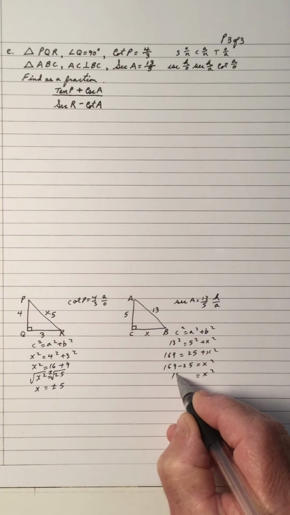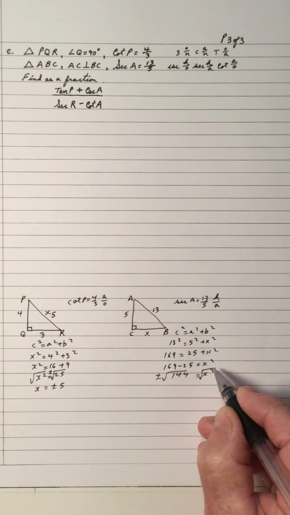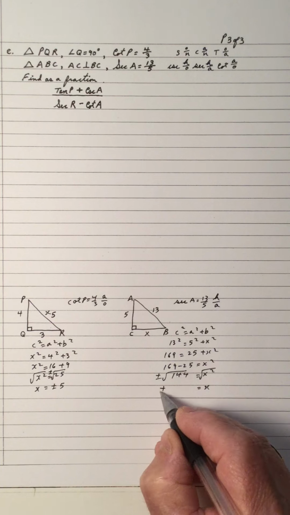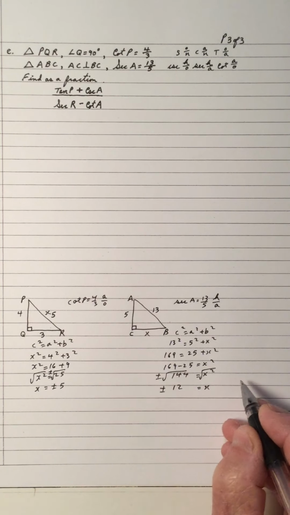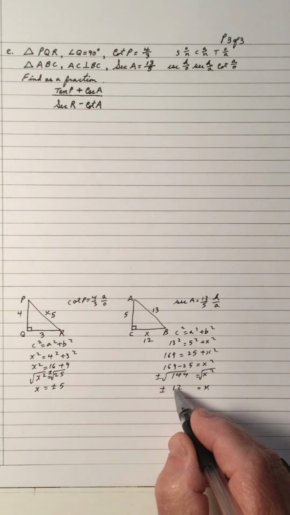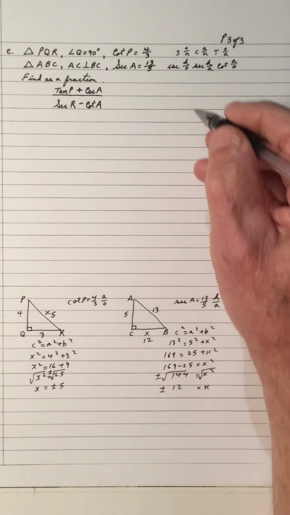X squared is 144. Now we do the square root of each side, plus minus. The square root of x squared is x, plus minus the square root of 144 is 12. So this side is 12, or negative, but we can't put the negative in it. We're dealing with a triangle. Now, I have the triangles done.